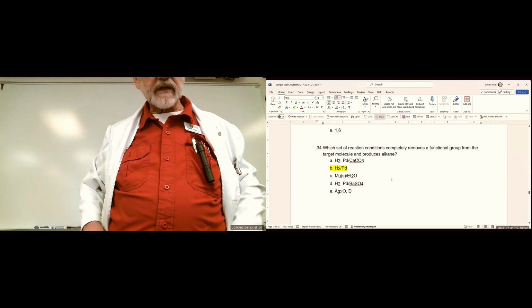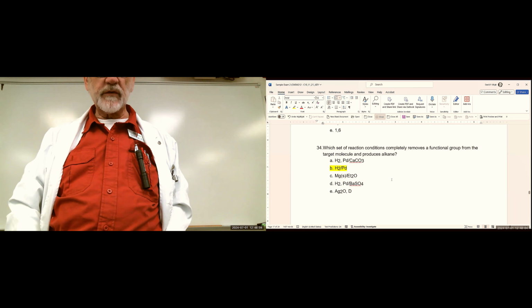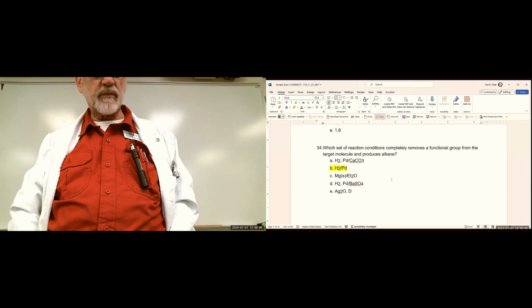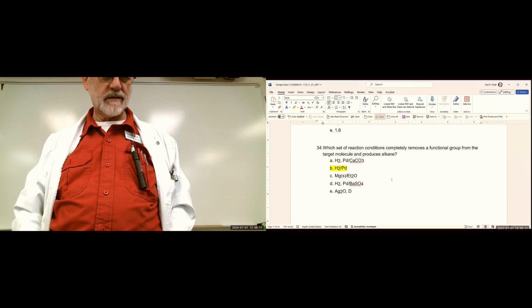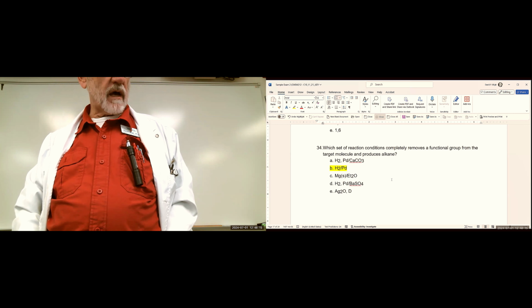Which set of reaction conditions, this is 34, completely removes a functional group from the target molecule and produces an alkane?